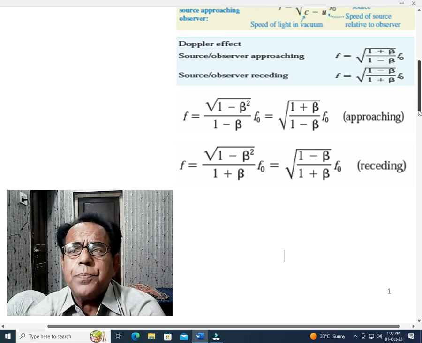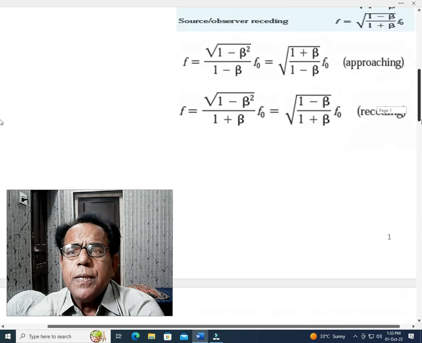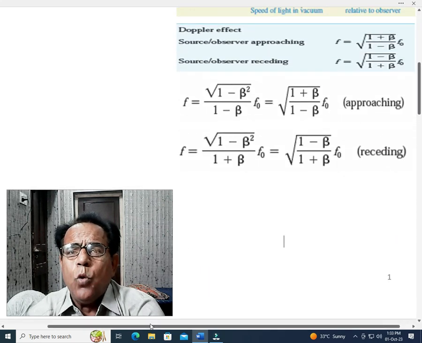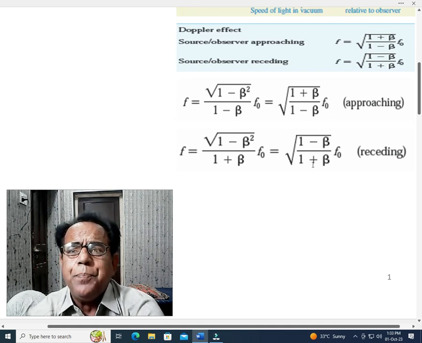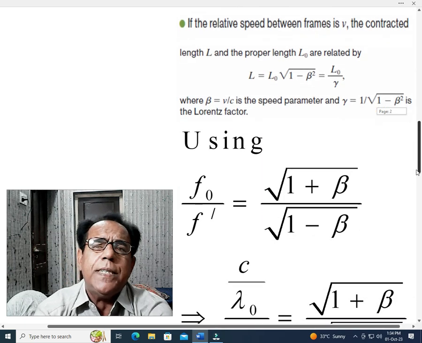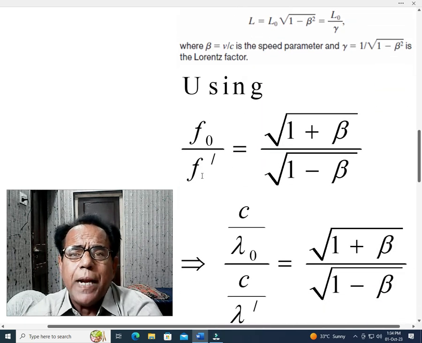Actually, we will take f₀ over f', because f will be shifted below f' in terms of the dash, hence this factor will be shifted to the other side of the equality. You are seeing that f₀/f' equals √((1+β)/(1−β)).